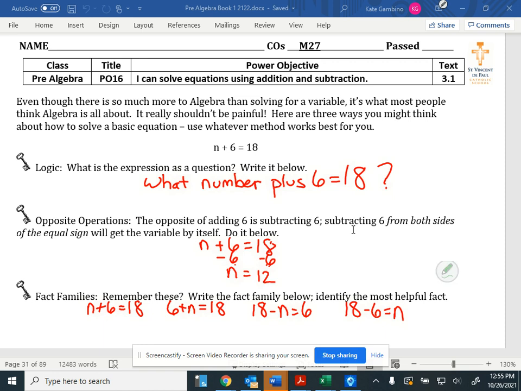So let's go back to our original equation and see if 12 works. Is this a true equation? 12 plus 6 equals 18. Yes, that works. This is the best way to check to see if you're doing it correctly. Go back and plug that variable value in. Is it a true equation?